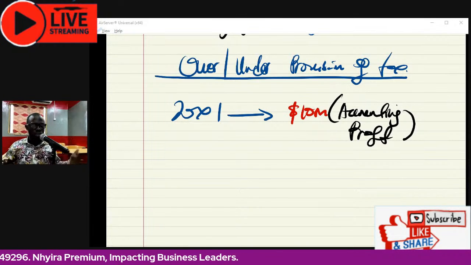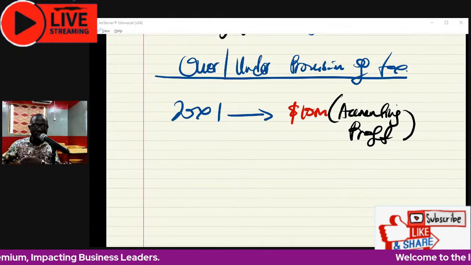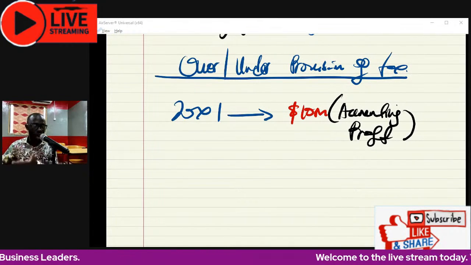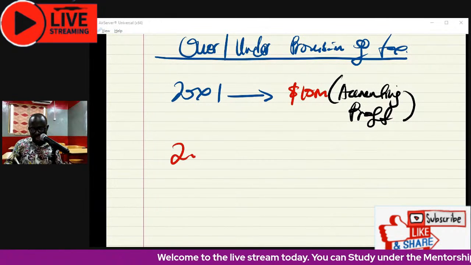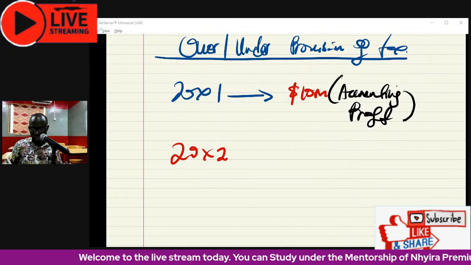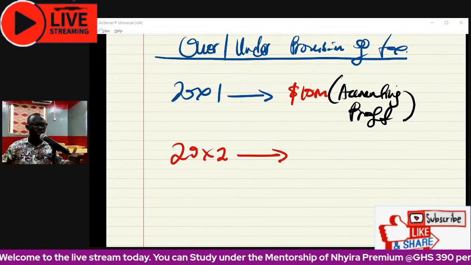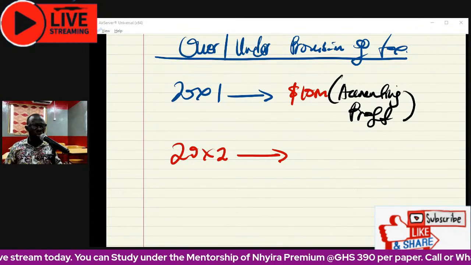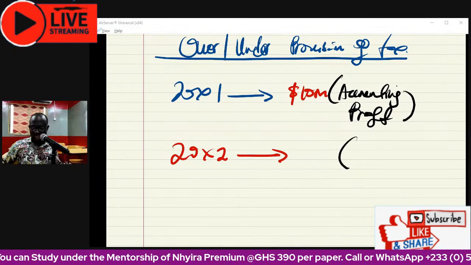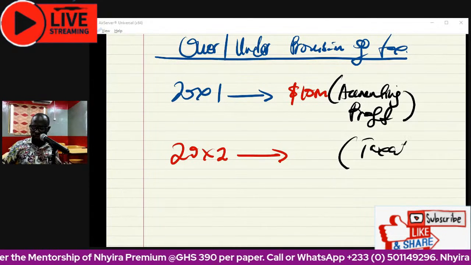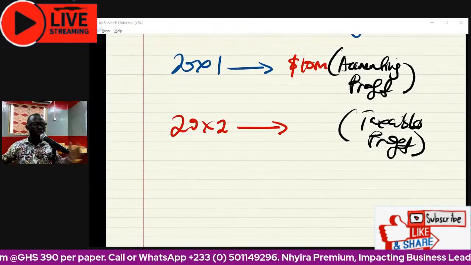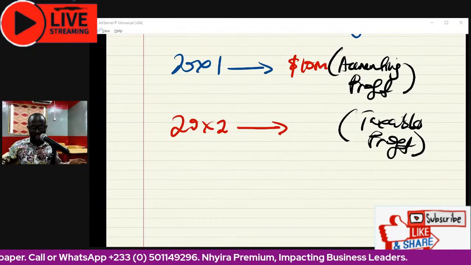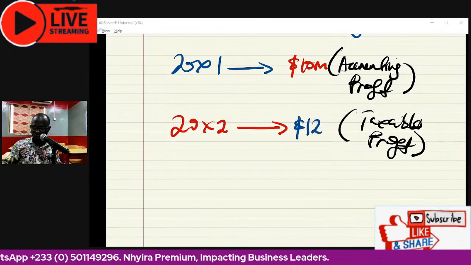But the tax authority comes, and in the year 20x2, that is the following year, the tax authority will say, okay, based on the taxable profit, stay with me carefully, based on the taxable profit, you're going to be paying a tax of, say, $12 million.